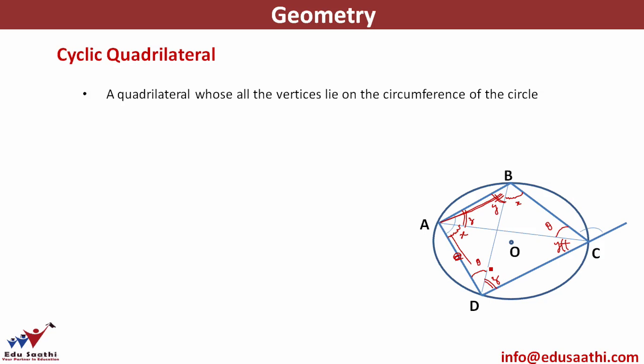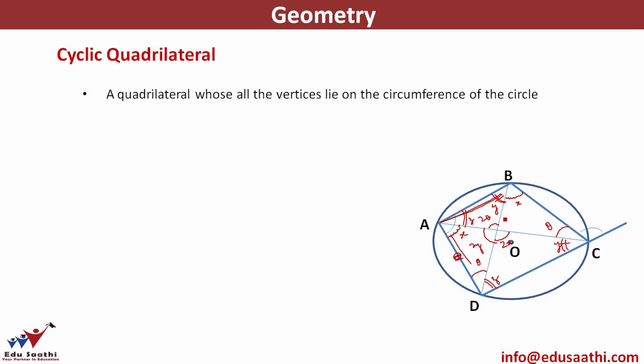And I also know angle subtended at the circumference is half the angle subtended at the center. So if the angle at the circumference is x, this angle would be 2x. If the angle at the circumference here is y, this angle would be 2y. If the angle at the circumference is theta, this angle would be 2 theta.